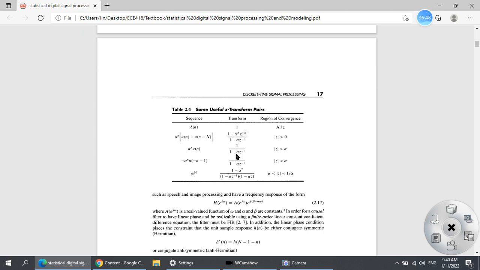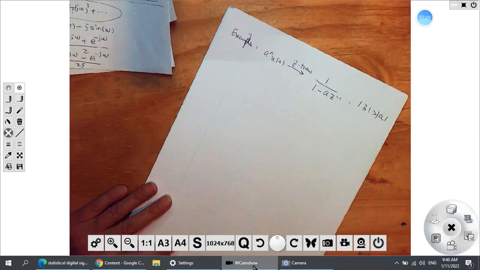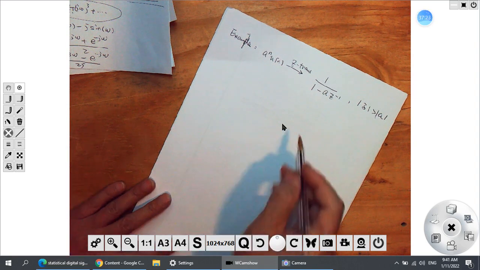Here it should be the magnitude, the absolute value of a. The table lost this magnitude. Since z is a magnitude, it must be a positive number. If alpha were negative one, things would look different, so you need the magnitude. I copied it here from the table.